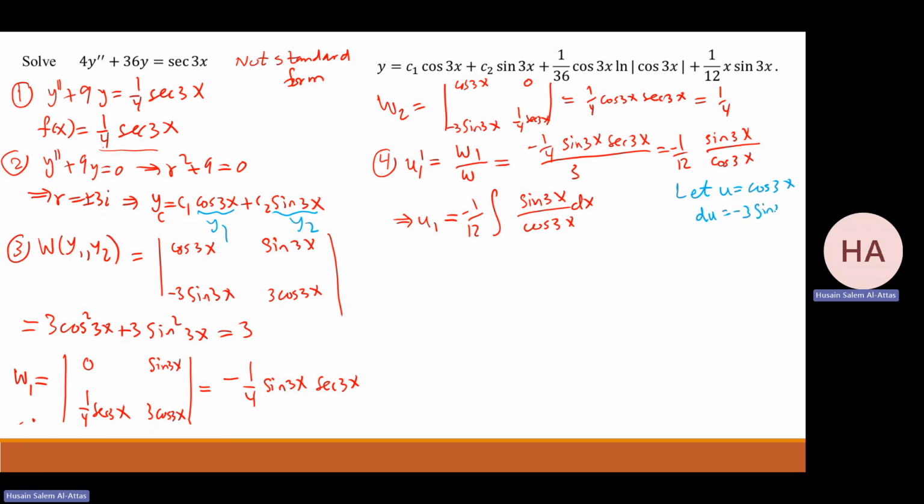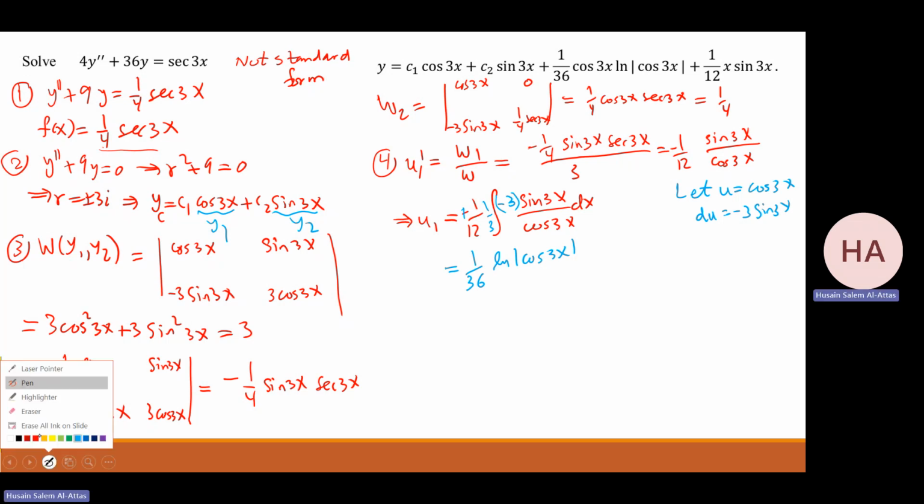Minus 3 sine 3x. So I need minus, so this will make it plus, this is minus 3, and multiply by 1 over 3. Okay, so that gives me what? 1 over 36. I have now du over u, so I have ln of cosine 3x. This is u1.